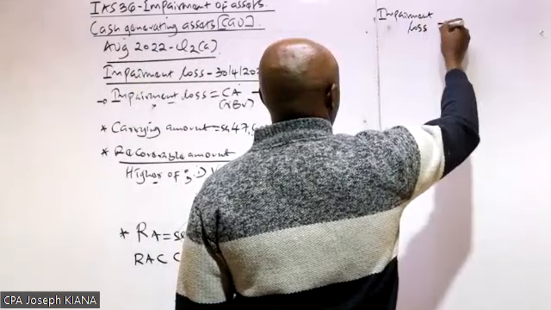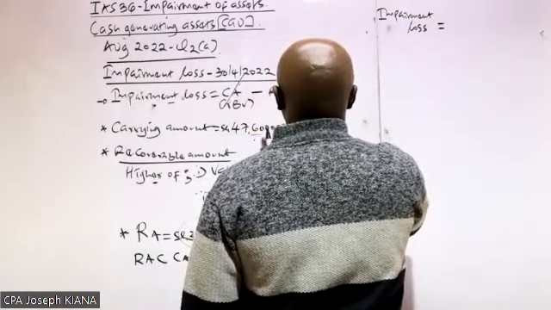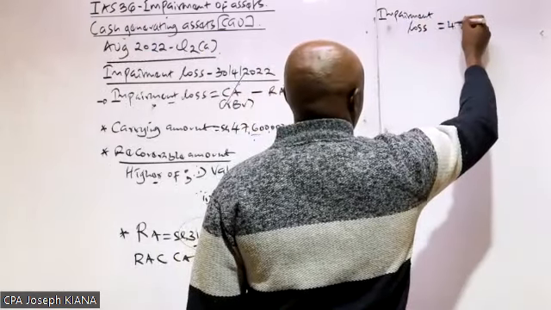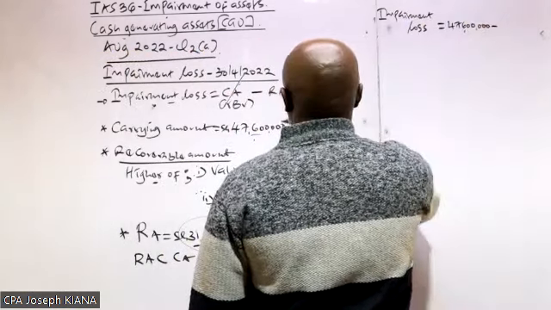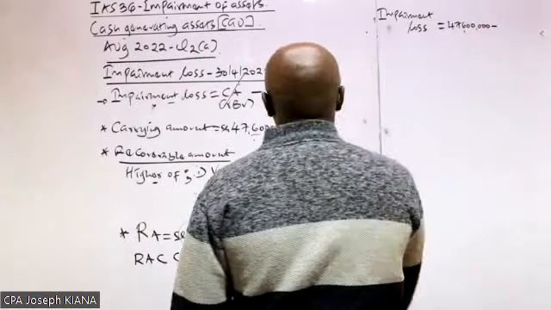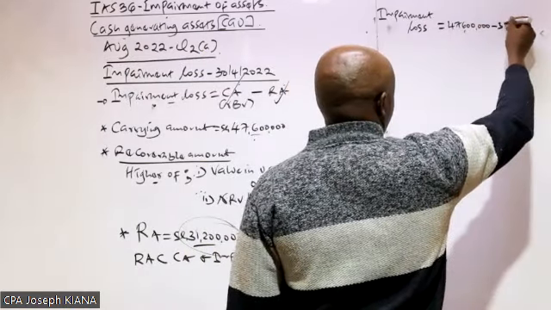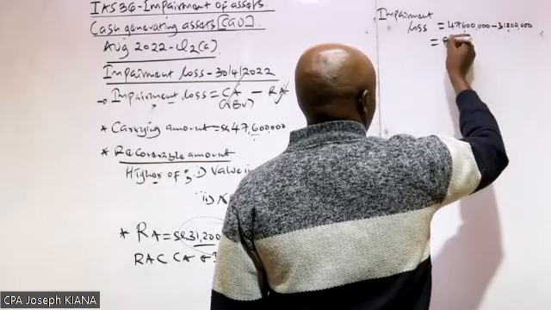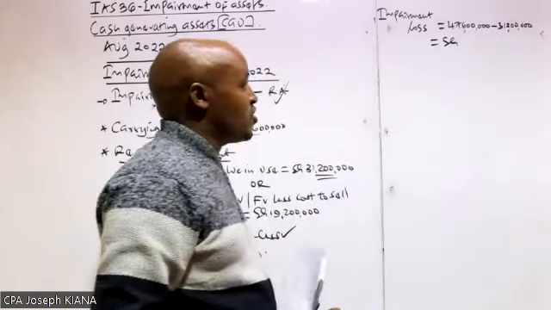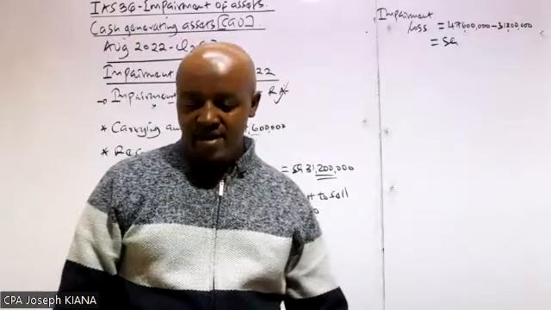So we apply our formula here. We take the carrying amount, which is 47,600,000, minus the recoverable amount, which we have down here, 31.2 million. So this will give us the amount of impairment loss.